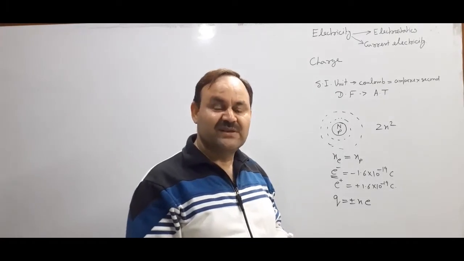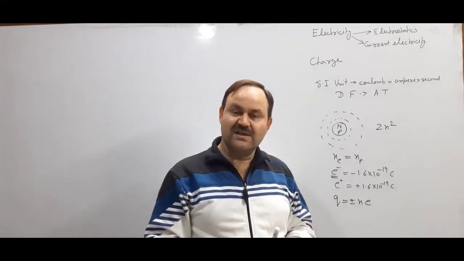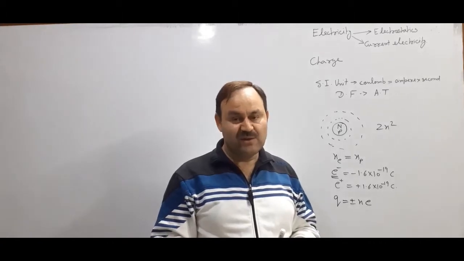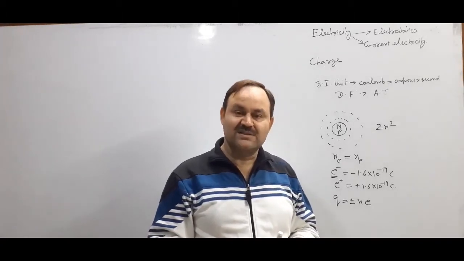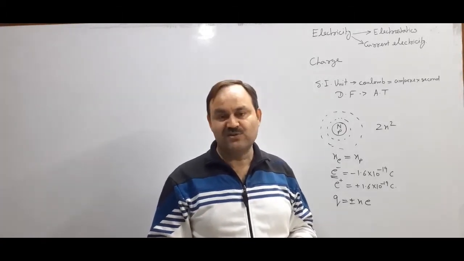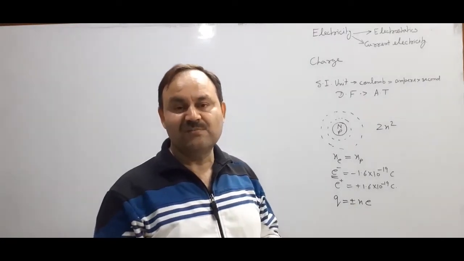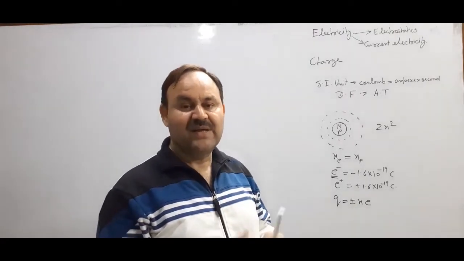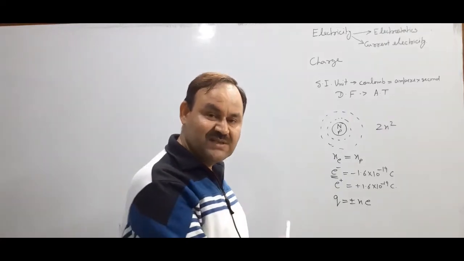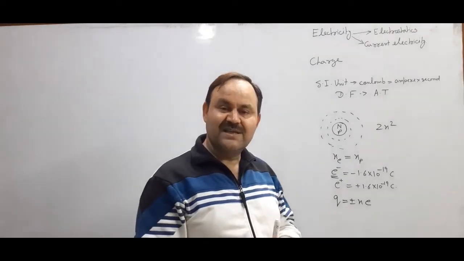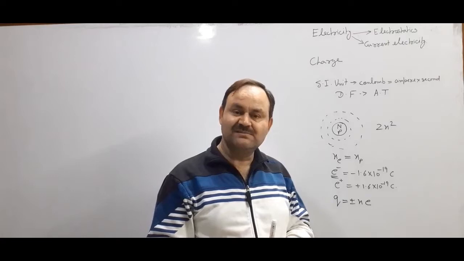It means the charge is conserved. It is the law of conservation of charge. Charge can neither be created nor be destroyed. It can only be transferred from one body to another. And the total charge before chargification will remain the same as the total charge after chargification.